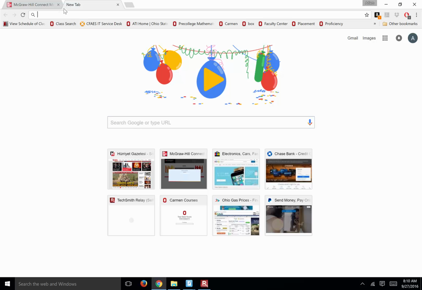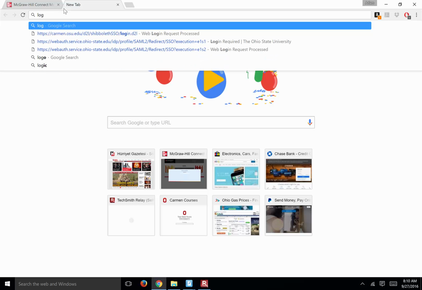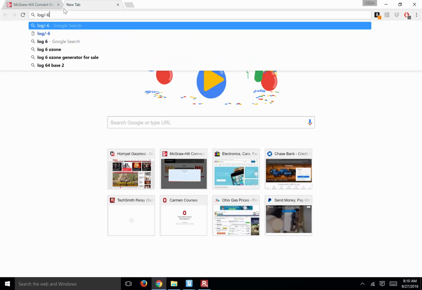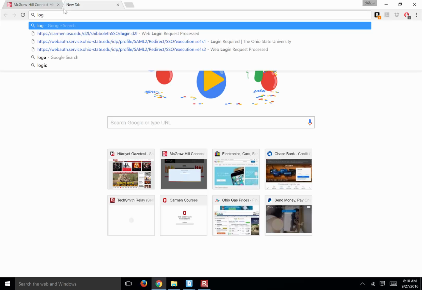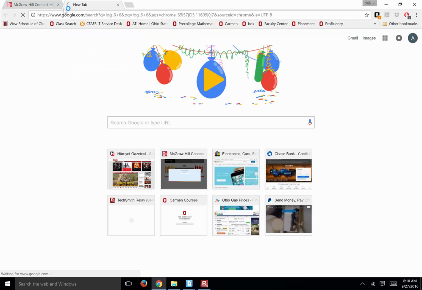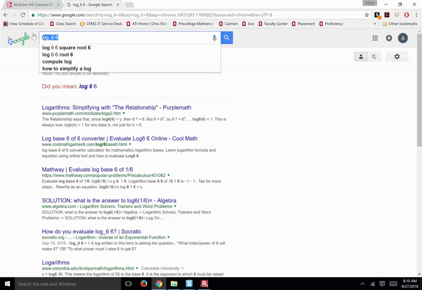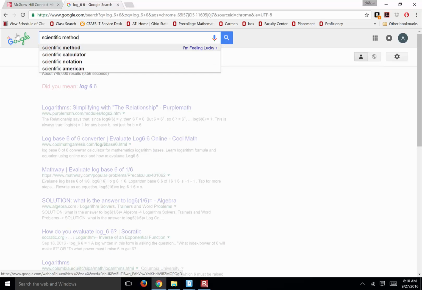Let me see if I can do here. Logarithm base 6 of 660. No. It wouldn't understand this. Scientific calculator.